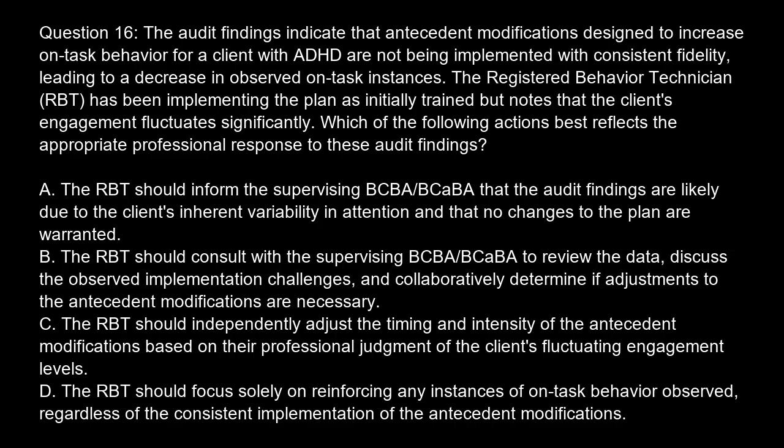Option C. The RBT should independently adjust the timing and intensity of the antecedent modifications based on their professional judgment of the client's fluctuating engagement levels. Option D. The RBT should focus solely on reinforcing any instances of on-task behavior observed, regardless of the consistent implementation of the antecedent modifications.